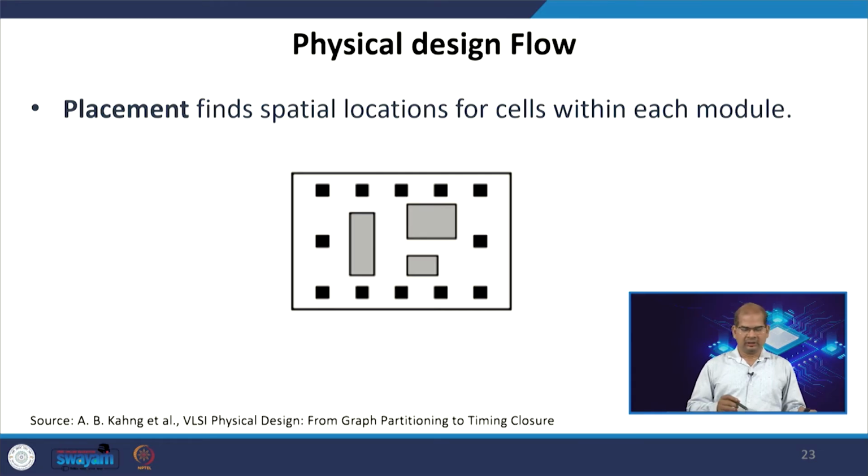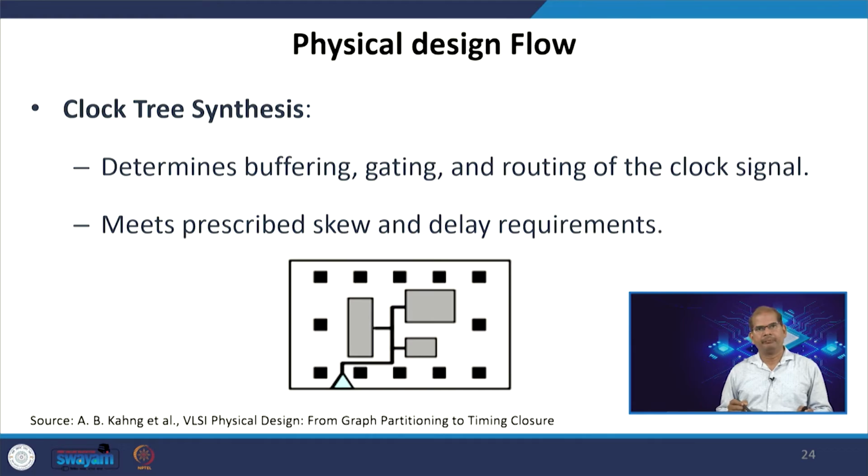That is called placement. We need to find the proper location of each of the cells inside the chip. How can we place them such that the interconnect distance is minimum, and performance and speed are improved?